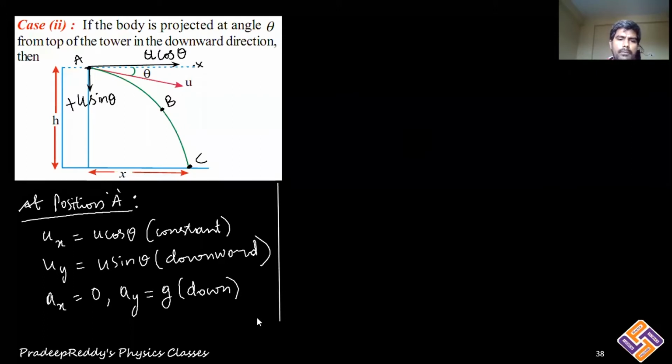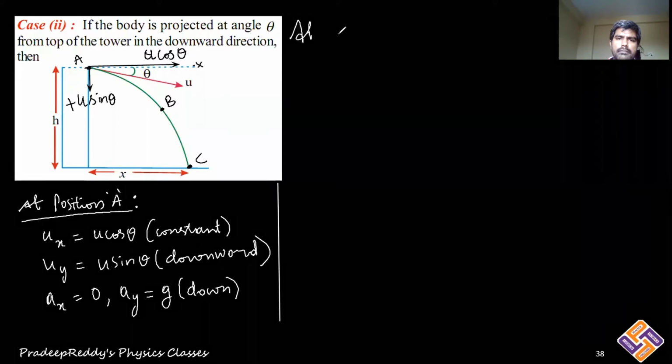Okay, now come to position B. At position B, as I already told you, velocity along the x-axis will remain the same, that is u cos theta. I can resolve this velocity at point B into components.